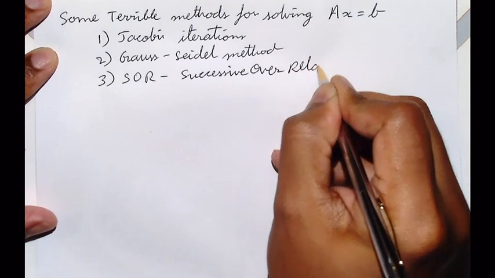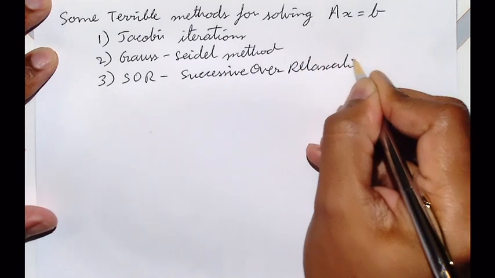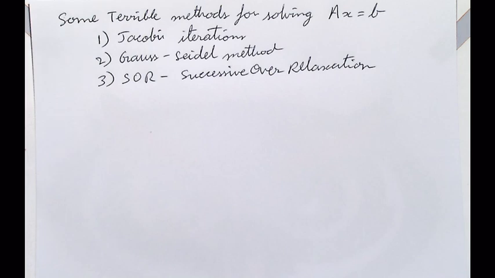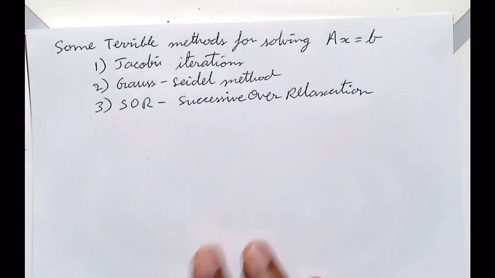Okay, so these are all very fancy sounding names. They impressed me when I was learning these, and then when I actually learned these, I was like, "What? You're kidding me!"